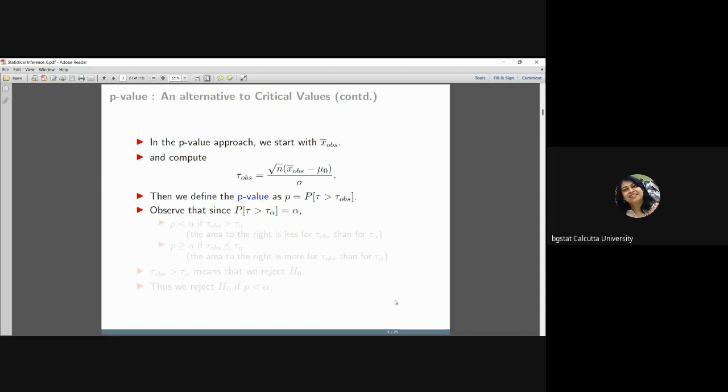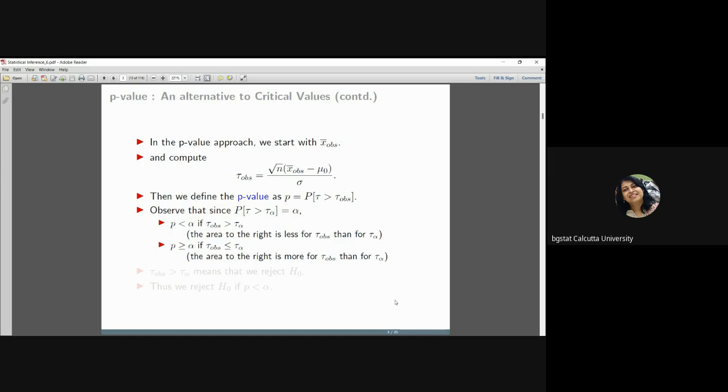If I have a right tail test, my p-value is defined as the probability of tau being greater than tau observed. So I look at the right tail. Since the probability of tau being greater than tau alpha, the critical value, is equal to alpha, that is how tau alpha is defined. P will be less than alpha if tau observed is greater than tau alpha.